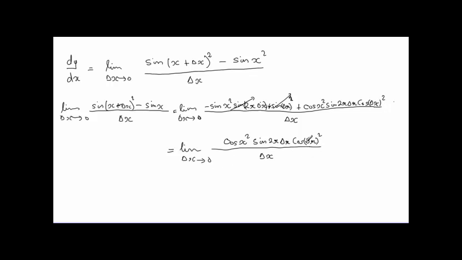Again here, I think you can see that delta x here is squared and delta x tends to 0. So which means this one will approach 1.